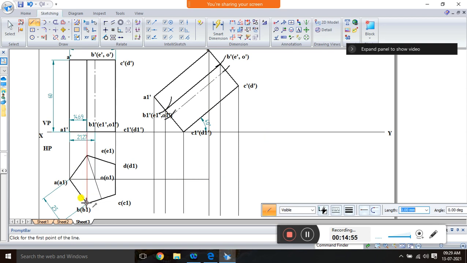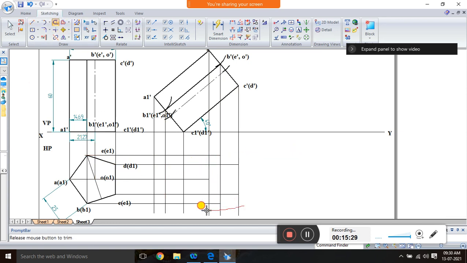Next B is here, B1 dash and B. C is here, C1 and C, and D is here, so D1 and D. Next E is here, so E1 and E. Then you just remove extra projections with the help of an eraser.